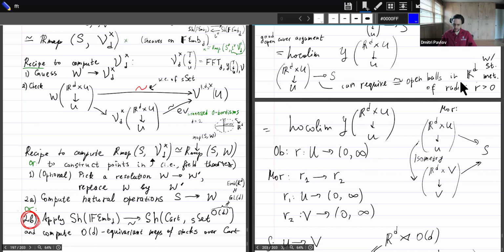There are no other objects once we restrict to metrics that describe open balls. So every smooth family of open balls is uniquely determined by its radius, or family of radii. That's where this thing comes from.